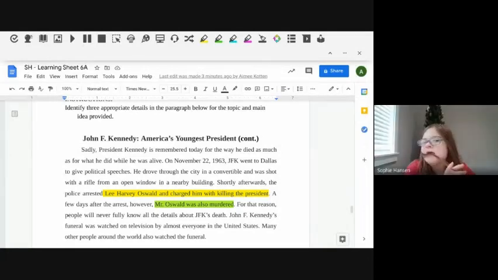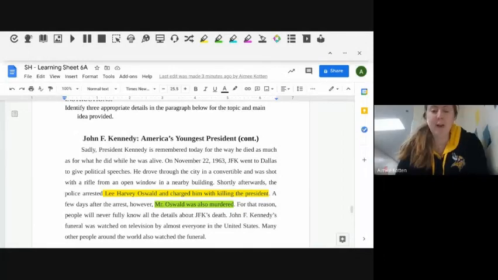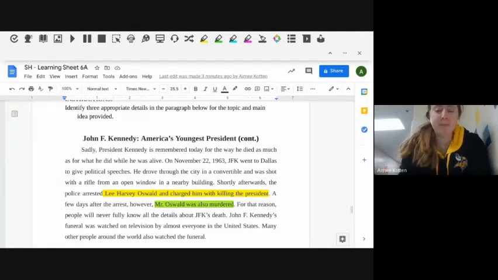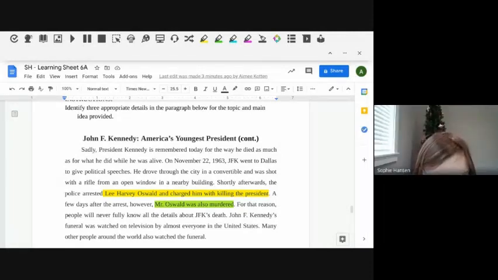Okay, so let's look at our paragraph again. Are you ready? Yeah, already. Okay, so let's go back into our paragraph and see if we can find another detail about JFK's death. Right here. Okay, read it to me. President Kennedy is remembered today for the way he died. Yep, that is our main idea.